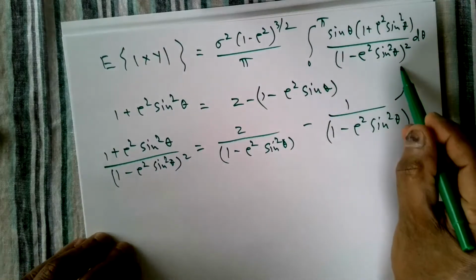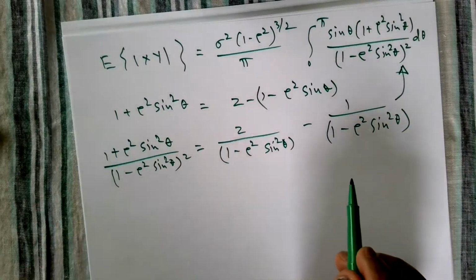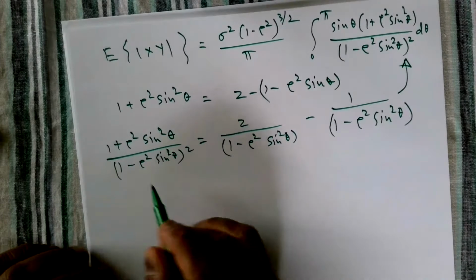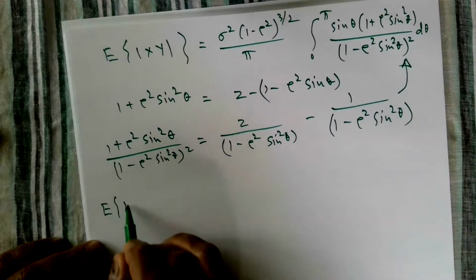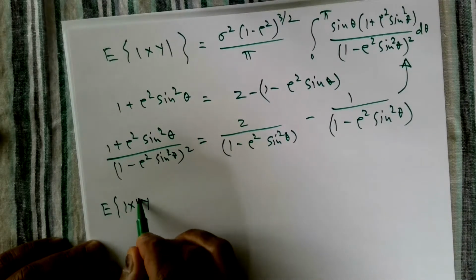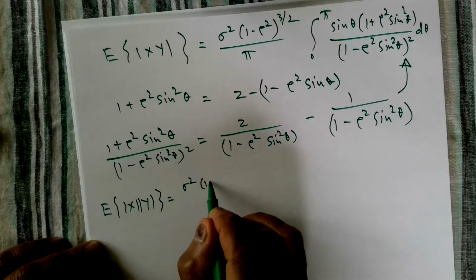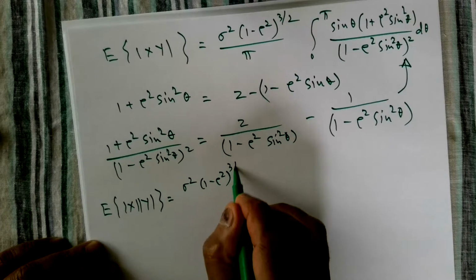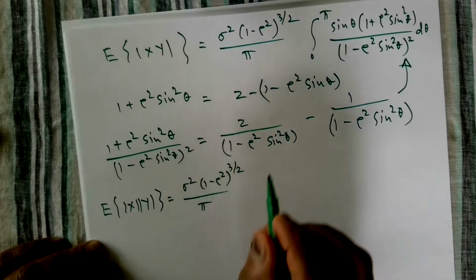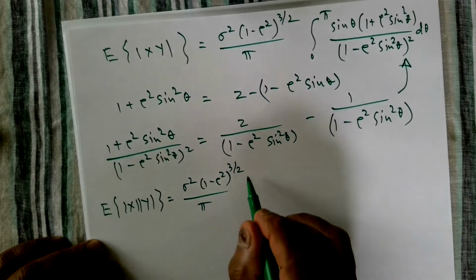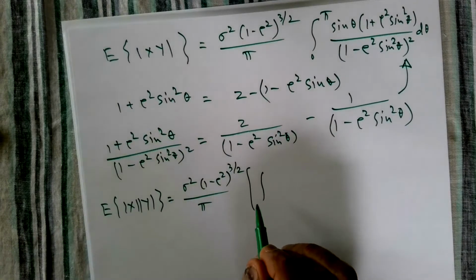So we can substitute this here, so that the expected value of xy becomes sigma squared (1 minus rho squared) to the power 3 by 2 over pi, and then two integrals, they are from 0 to pi.